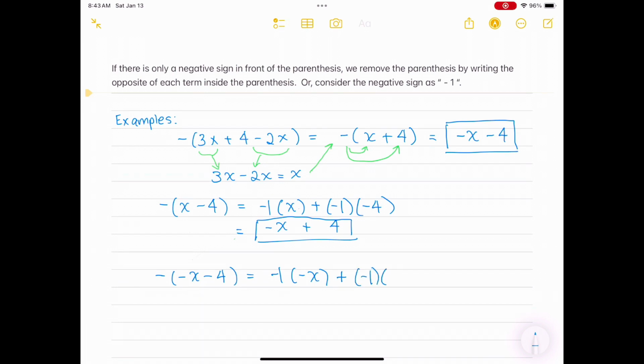So I have -1 times -x plus -1 times -4. -1 times -x simplifies to +x, or just plain x, and -1 times -4 simplifies to +4. So this expression simplifies to x plus 4, and we box our answer.